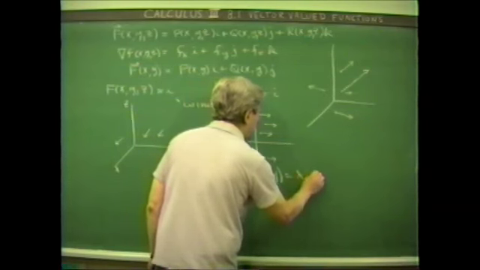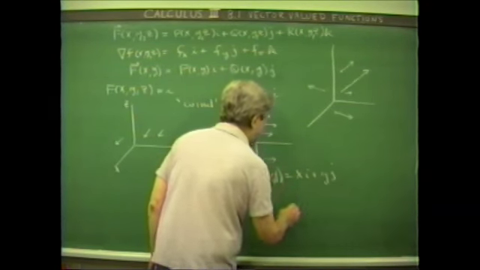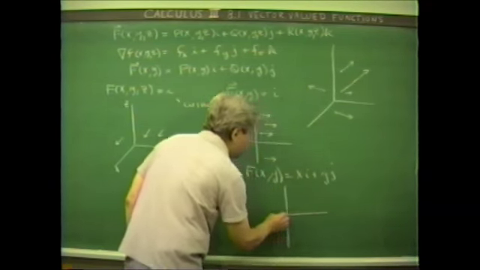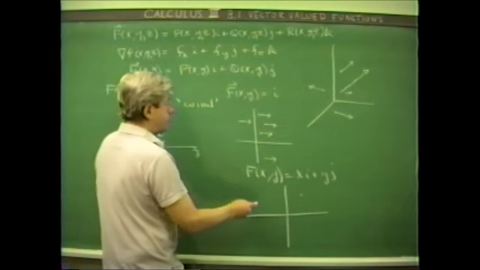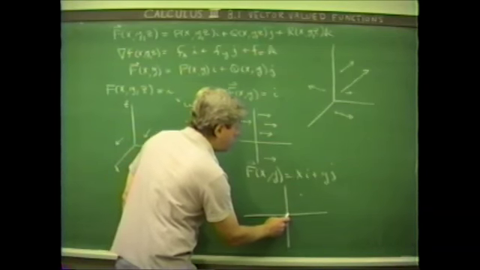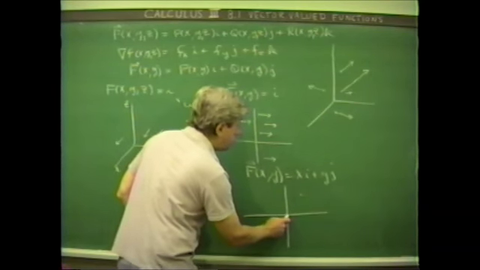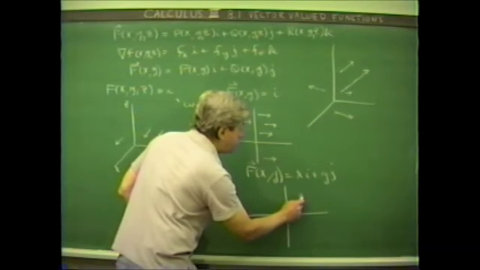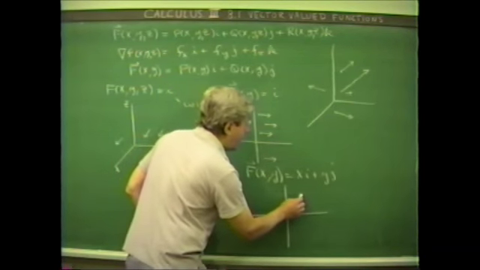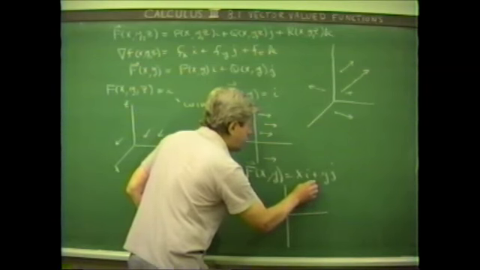f of x and y equals x i plus y j in the plane. The vector at any point here is the position vector at that point, with the same magnitude and in the same direction.